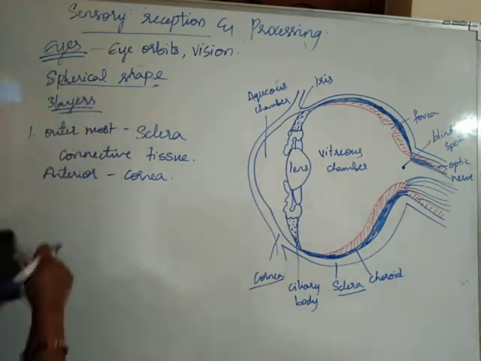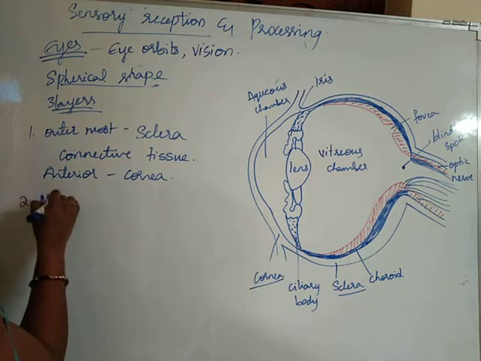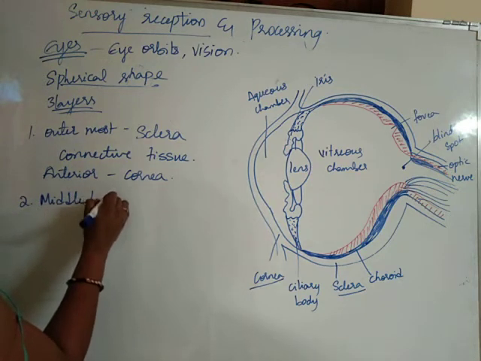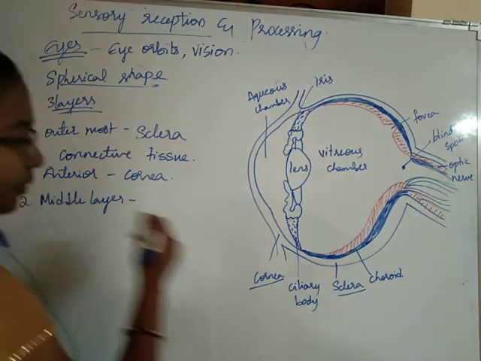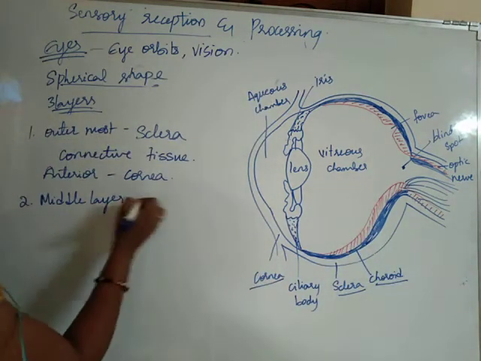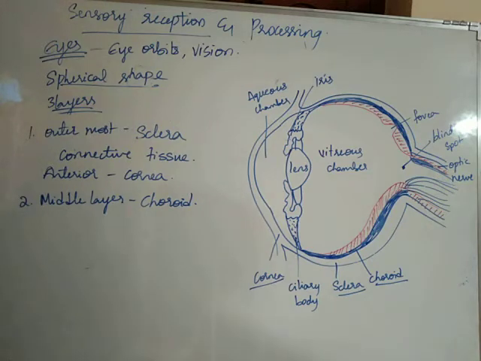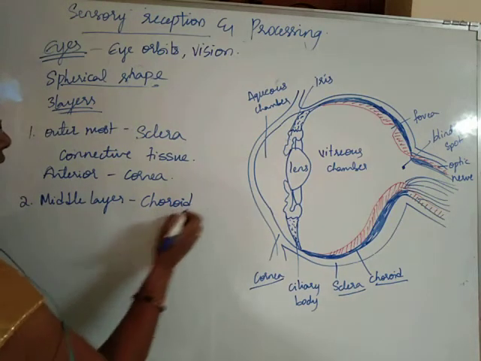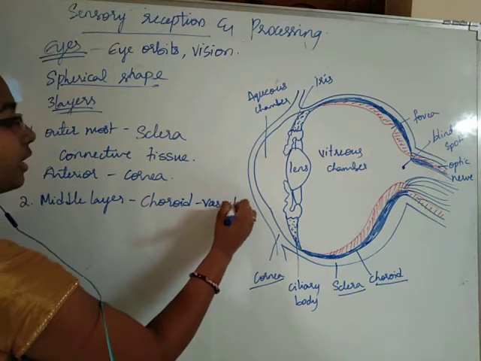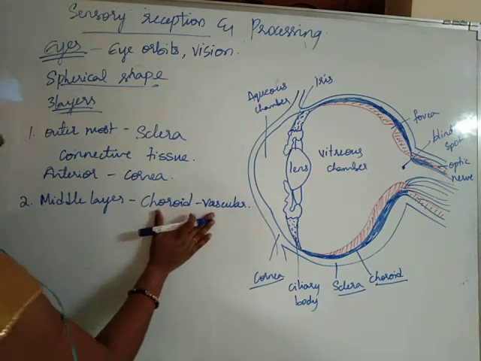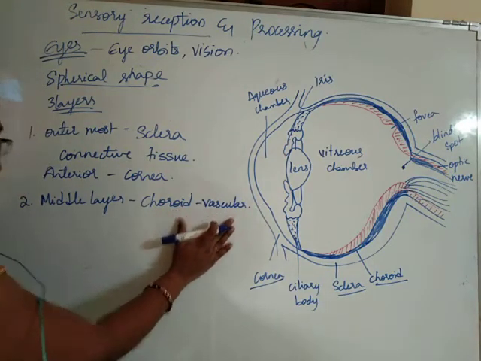The next layer of the eye, the second layer, the middle layer of the eye is called as choroid, okay. This choroid layer is a highly vascular layer.